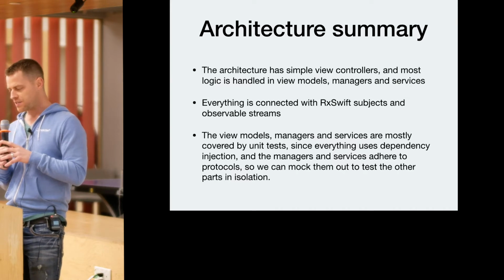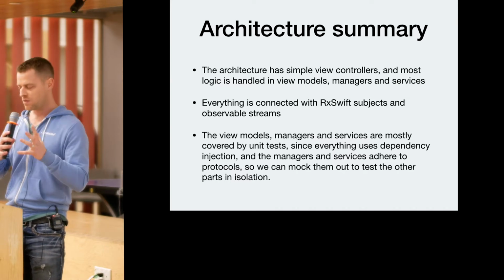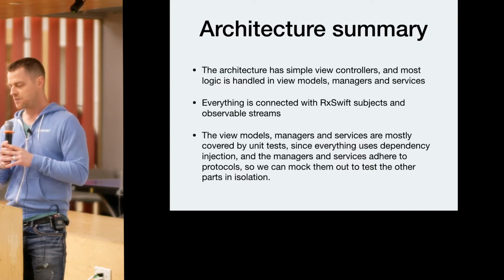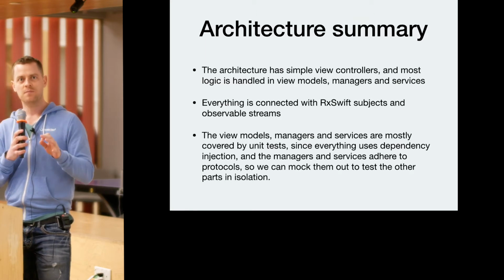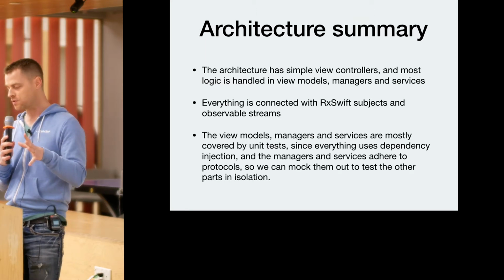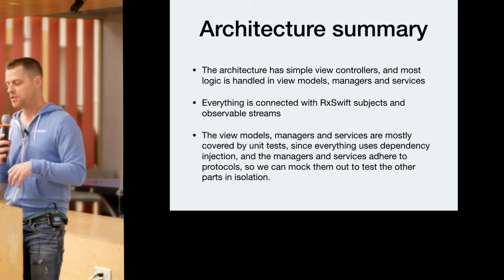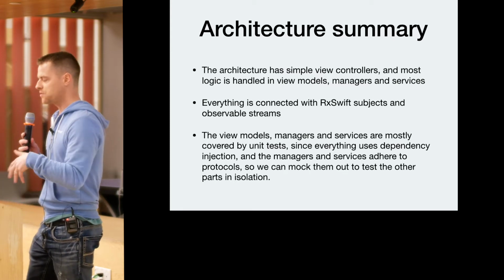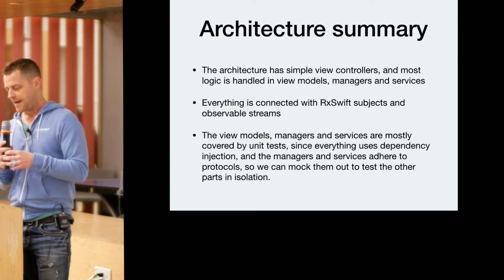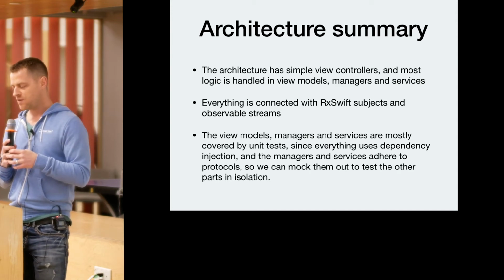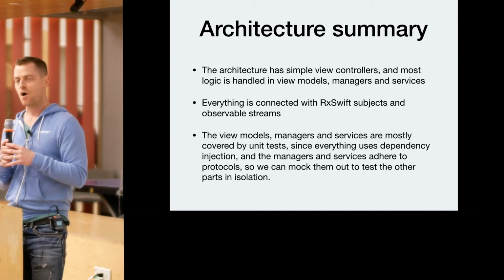So, getting into the architecture, how MVVM-C and Rx relate to each other. We mostly aimed to have very simple view controllers and put most of the logic into view models, managers, and services. Everything was connected together with Rx streams.